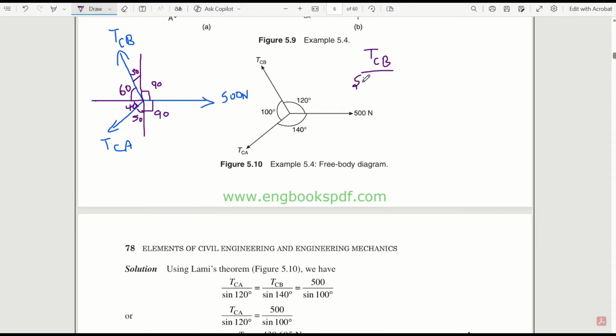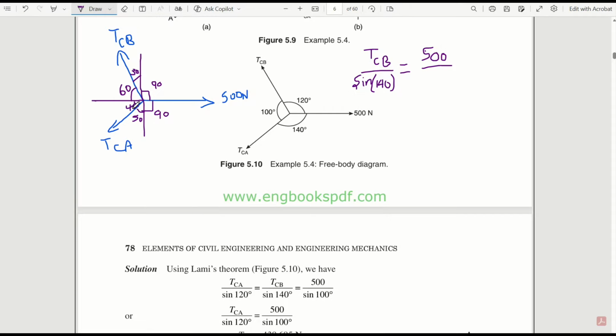So write sine of 140. Got it? TCB divided by the sine of the angle between the opposite two forces. Next, come to 500. 500 divided by the sine of the angle between the other two forces, TCB and TCA.